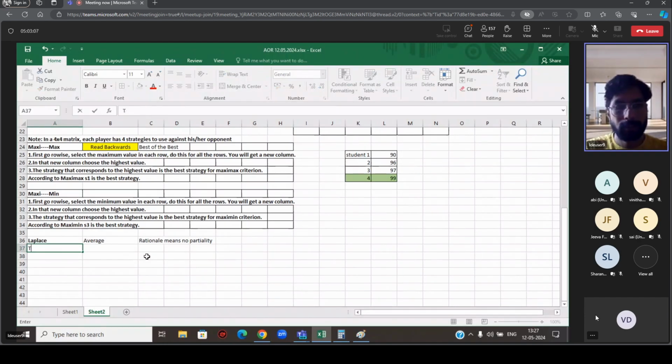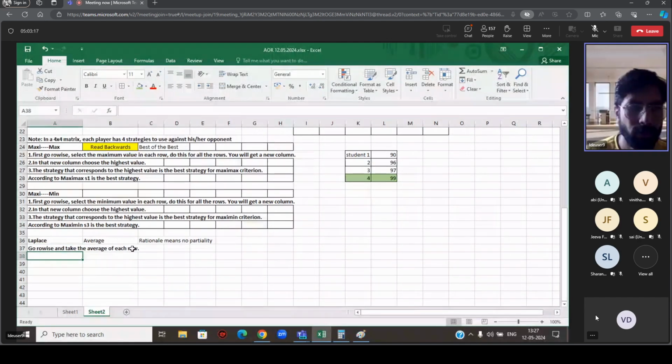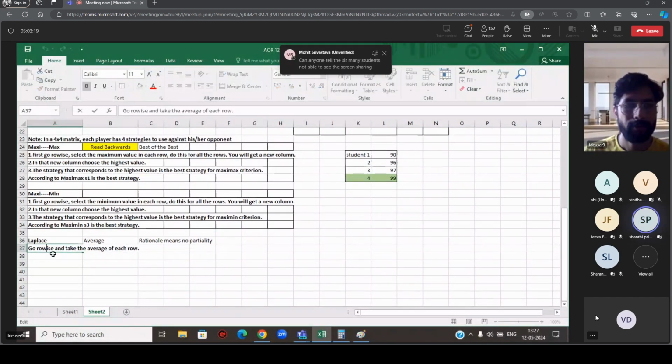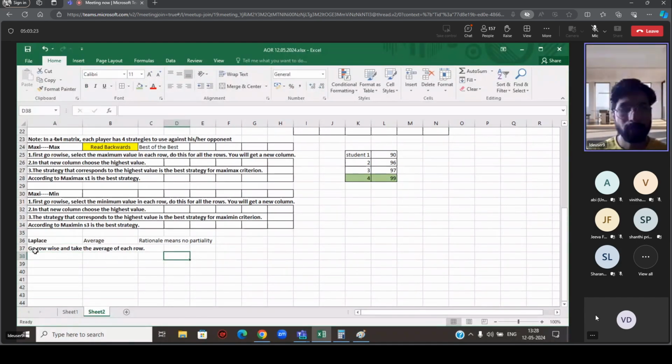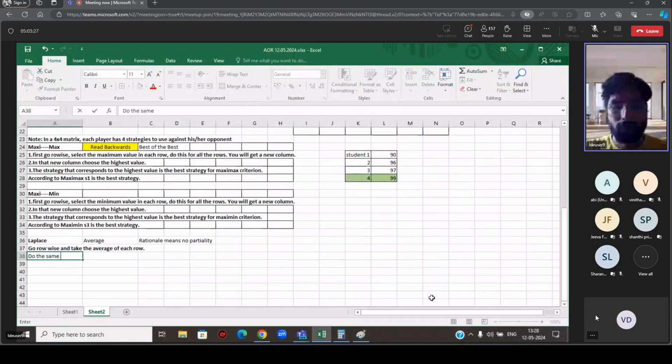So what do you need to do? Go row wise and take the average of each row. Do the same for all the rows.